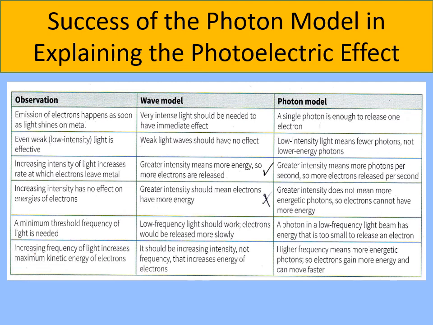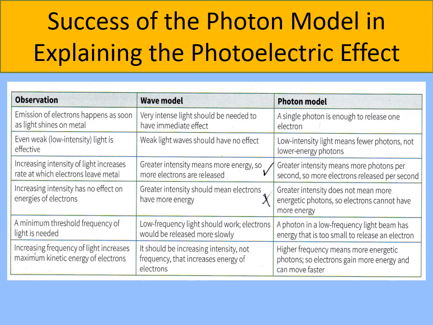The third observation, increasing intensity of light increases the rate at which electrons leave the metal. This was the only part of the wave model that did explain this phenomenon. The wave model said that the greater intensity means more energy, so more electrons are released. The photon model more or less said something fairly similar, that the greater intensity means more photons per second, so more electrons released per second.